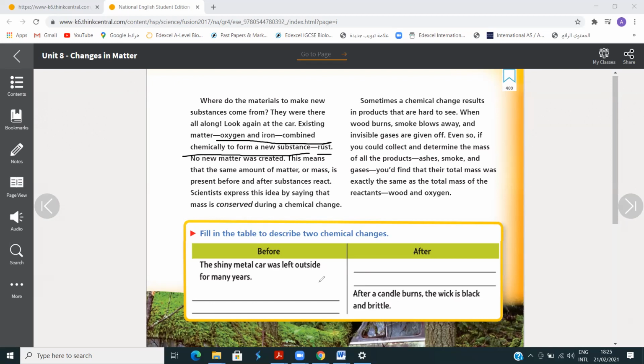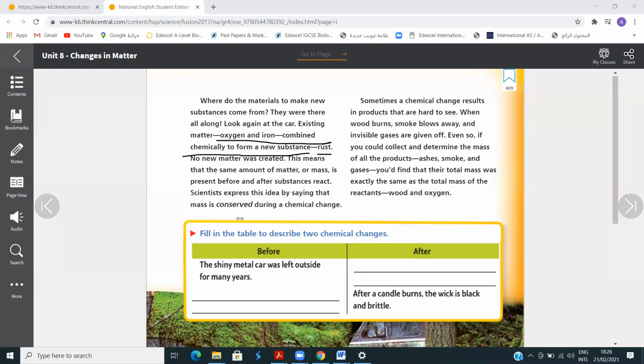So we can see that the shiny metal car was left outside for many years. What happens here? If you leave it for a long time, the metal in the car reacts with oxygen in the air to form rust.